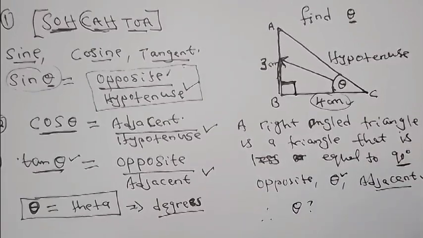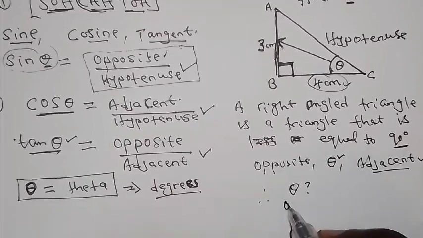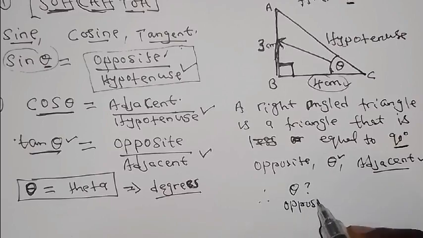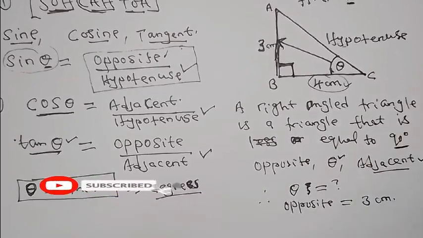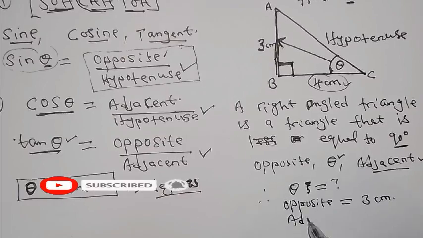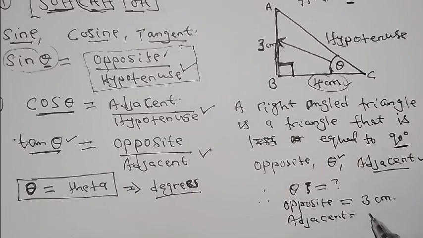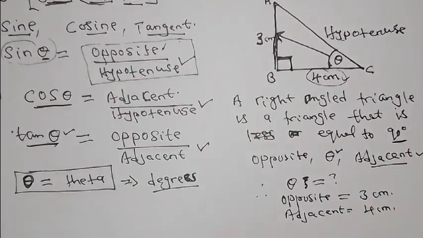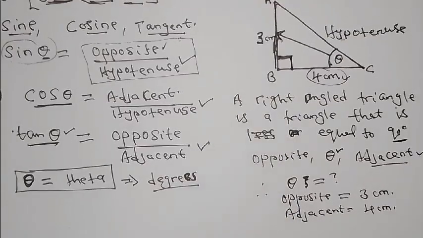So the angle you are looking for is question mark, the opposite is 3 centimeters, and the adjacent is 4 centimeters. Now how can we find theta?